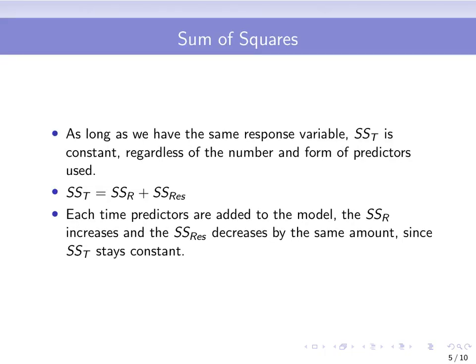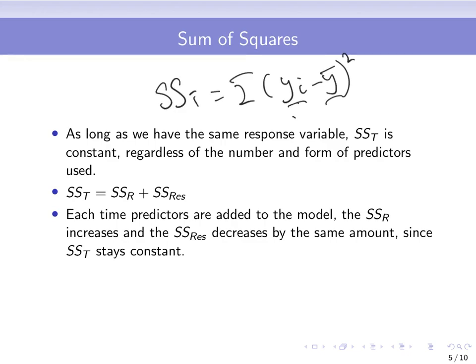So a few key ideas that we're using. As long as we have the same response variable, the total sum of squares is a constant, because if you look at it from a formula perspective, it's the difference between yi and its mean, squared, all summed up. None of these values are dependent on the model.